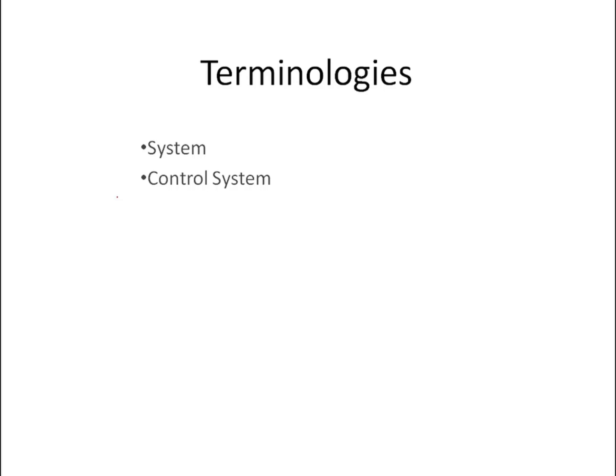Whenever we want to produce a desired output of our choice, we use a controller, and the controller, when looped in the system, will produce the desired output. All the inputs and outputs of a control system are defined as variables.